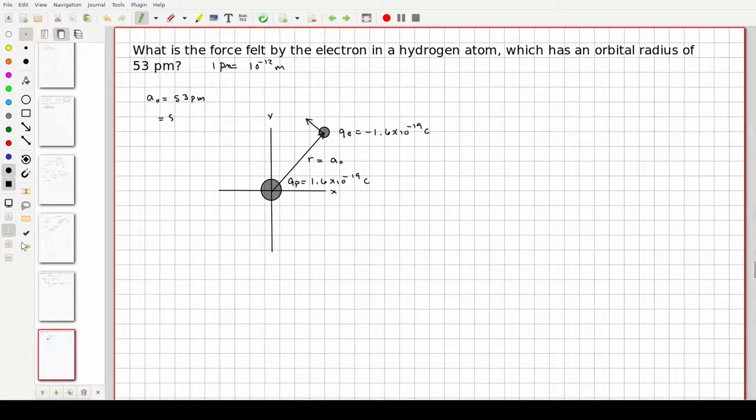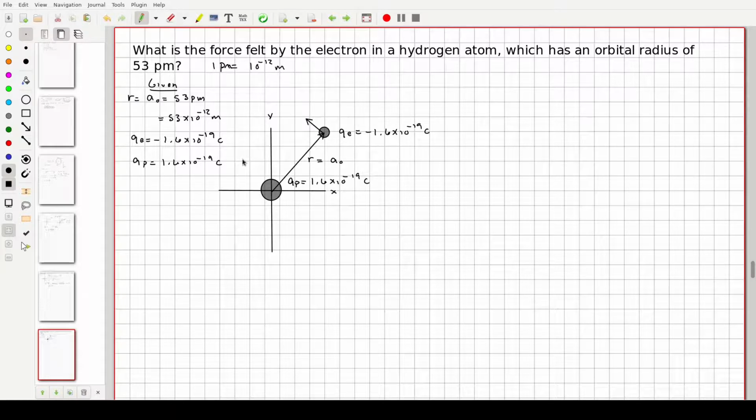So this would be 53 times 10 to the minus 12th meters. So this is a given. We also know, again, the charge of the electron, minus 1.6 times 10 to the minus 19th coulombs, and the charge of the proton, which is 1.6 times 10 to the minus 19th coulombs.